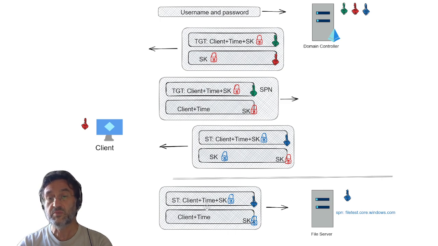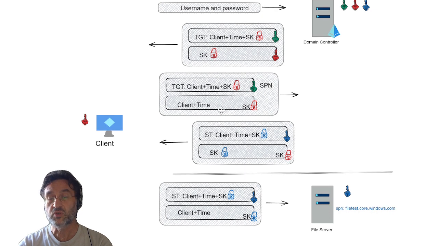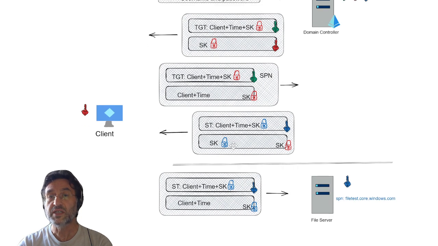If this information matches, it means the client trying to connect is the same client that has done the entire flow, authenticated already before with the domain controller and requested the right ticket.